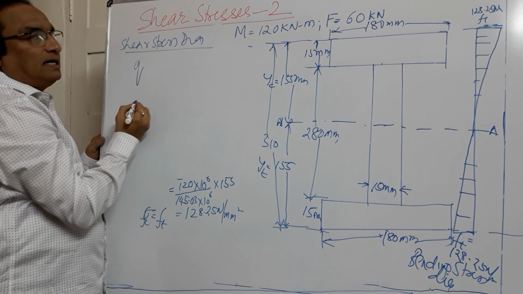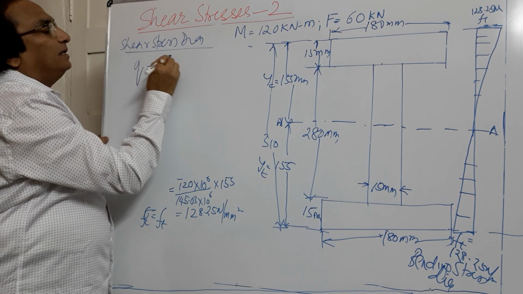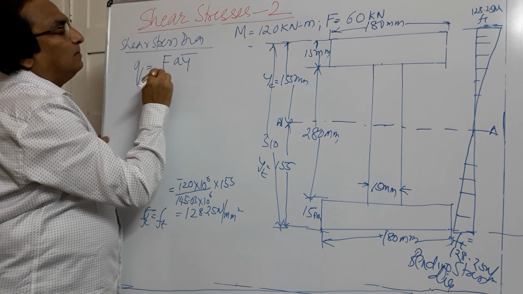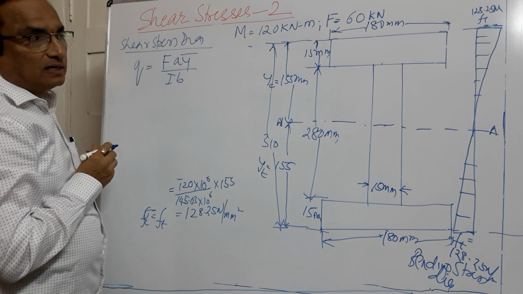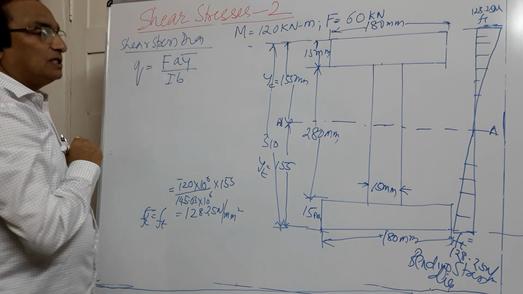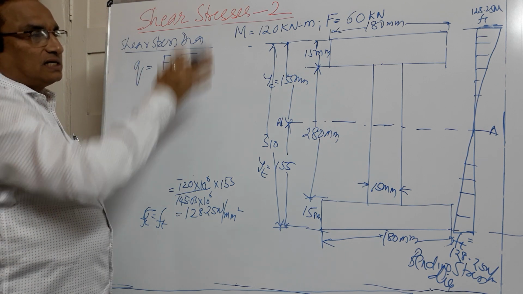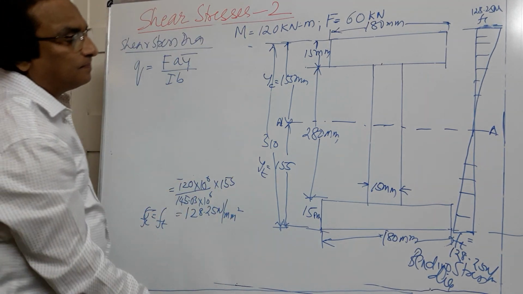Shear stress at any level is given by F A y bar divided by I B. So using this formula, I will try to draw the shear stress across the cross section.